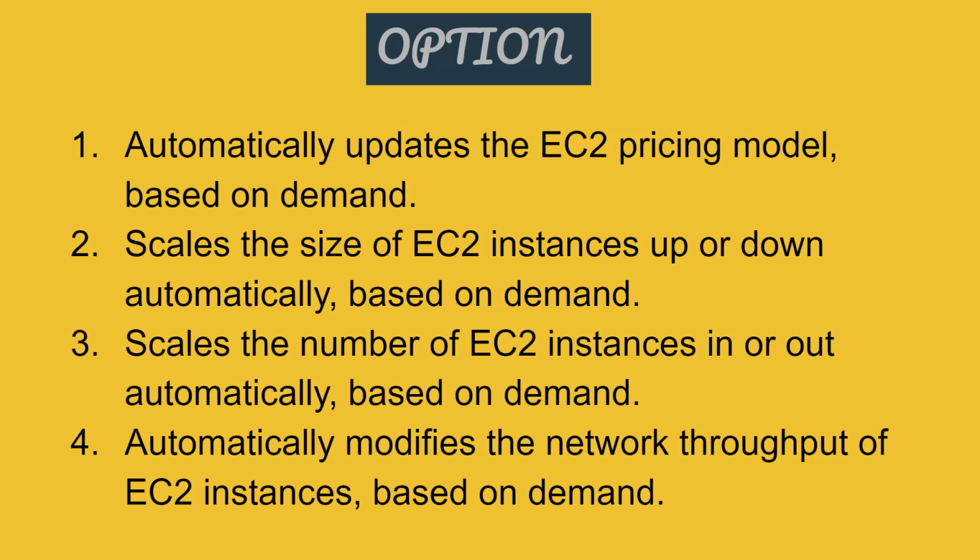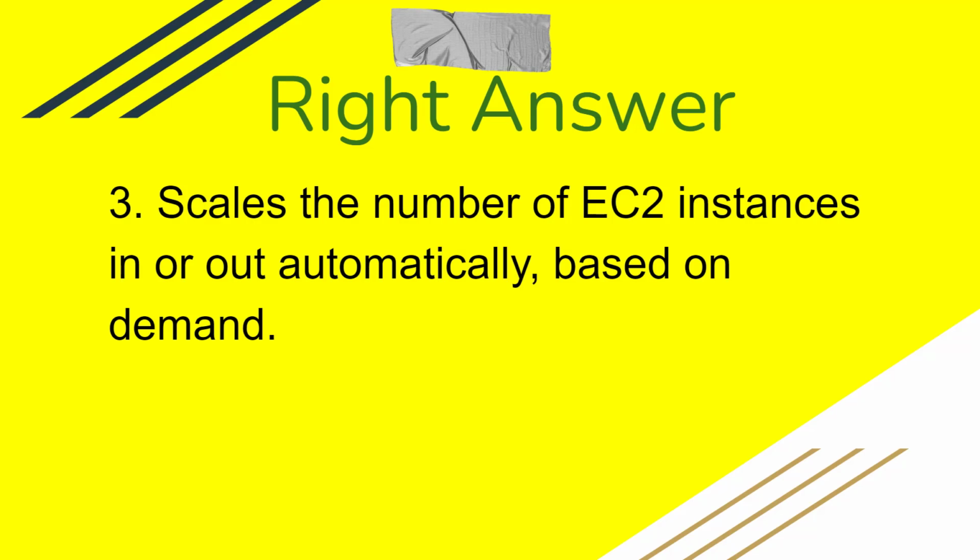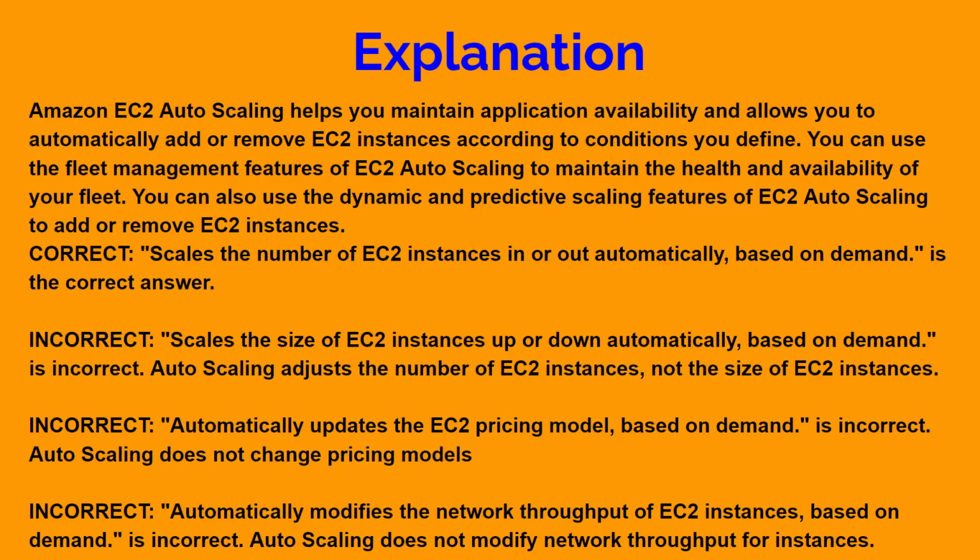Scales the number of EC2 instances in or out automatically, based on demand. 4. Automatically modifies the network throughput of EC2 instances, based on demand. Right answer is 3. Scales the number of EC2 instances in or out automatically, based on demand. Explanation.